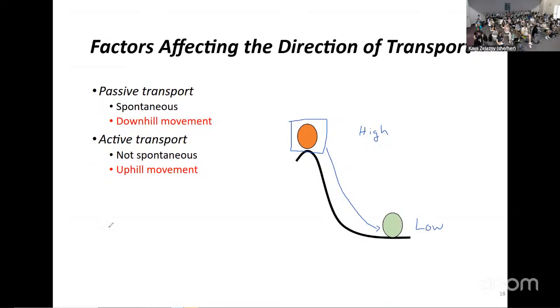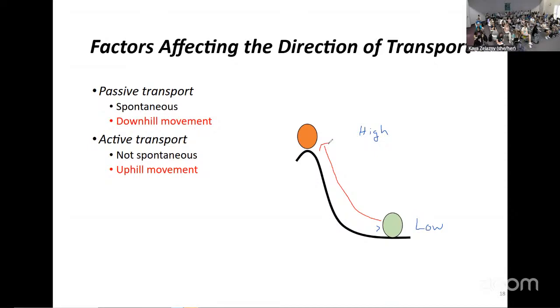Active transport is the opposite, right? In active transport, you are trying to roll this ball up the hill. When we roll a ball up the hill, we need to use energy. So in active transport, if we're thinking about chemical concentrations, you go from a region with low concentration to a region with high concentration.